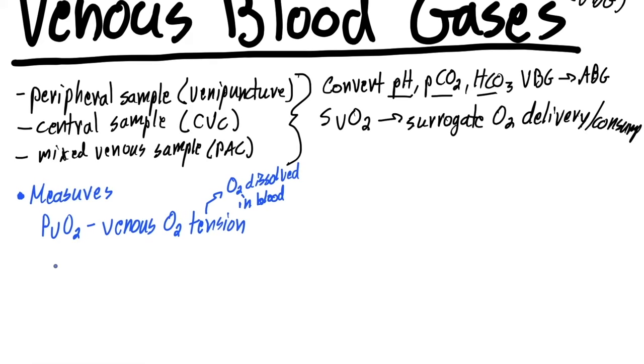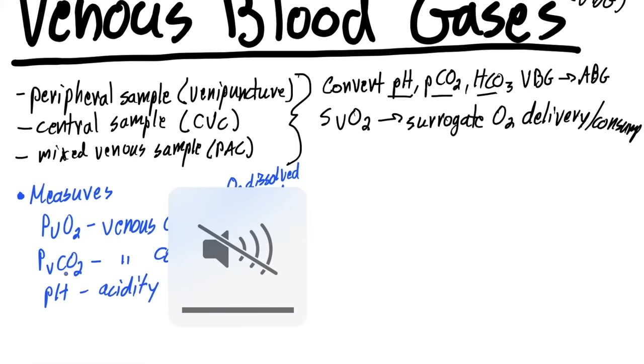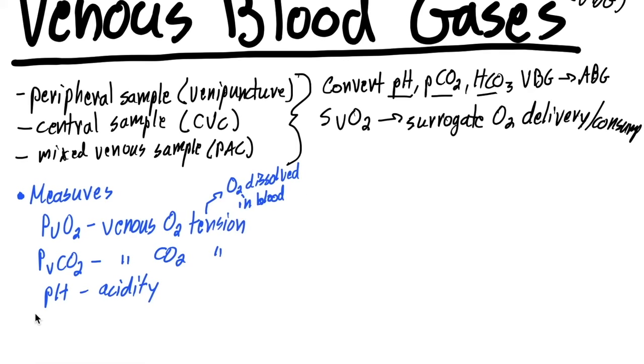All right. It can also measure the carbon dioxide tension, or the PVCO2, right? And this is going to be the venous CO2 tension. It measures the pH, which is the acidity of the blood. Let me mute my computer. It measures the SVO2, which is the oxyhemoglobin saturation.